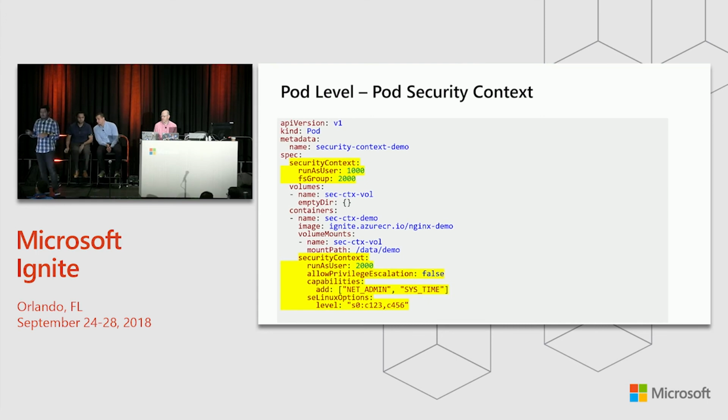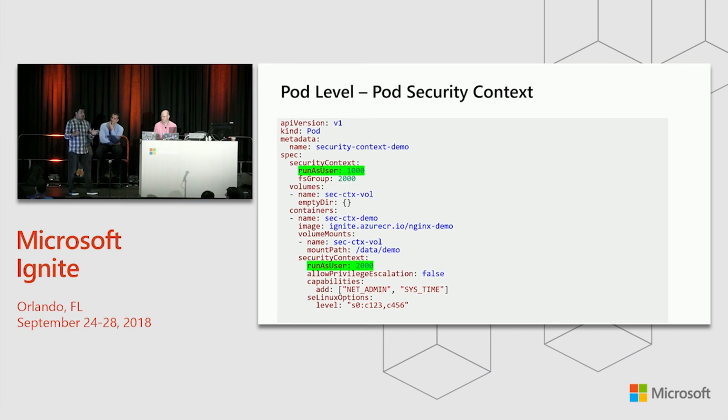Now, you might notice something interesting, which is that I have two contexts, two yellow blocks there. That's because you can apply a security context to the pod, and you can apply it to each individual container that runs inside that pod. You might also see that you have two runAsUser values, and they conflict, because one says 1,000 and one says 2,000.